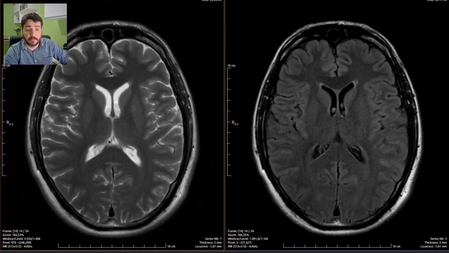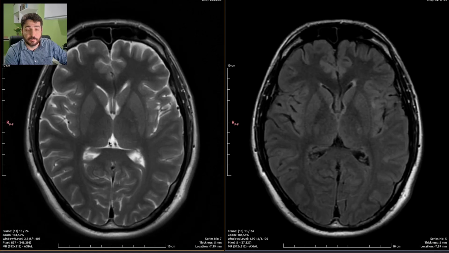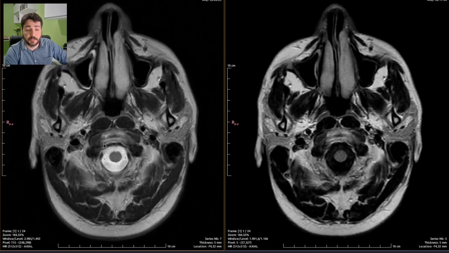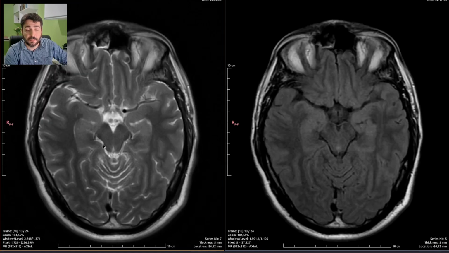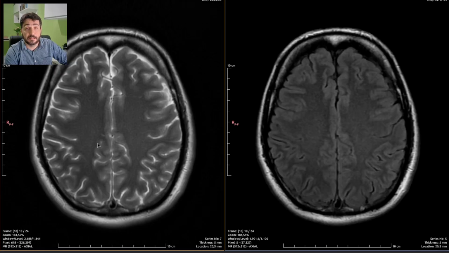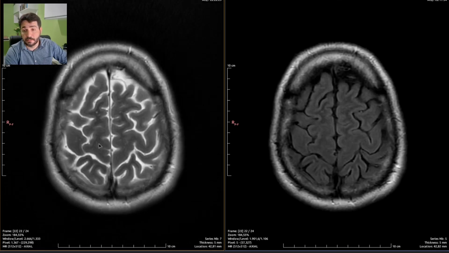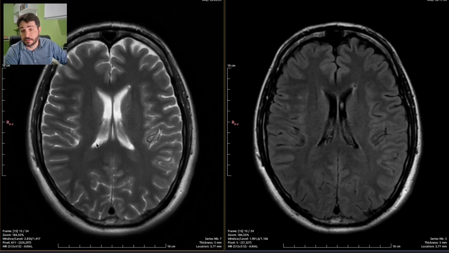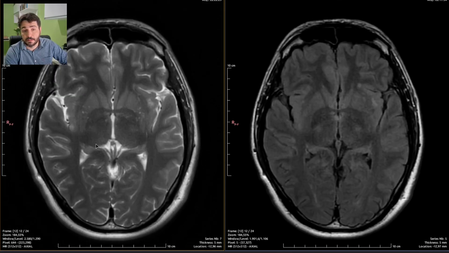Again, I think this isn't true. Patient indeed has headaches. He just said he doesn't. Who doesn't have headaches? Come on, everyone has headaches. Sometimes we have so much headaches we just get used to having them.